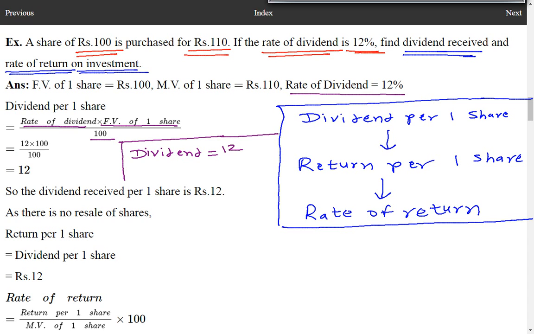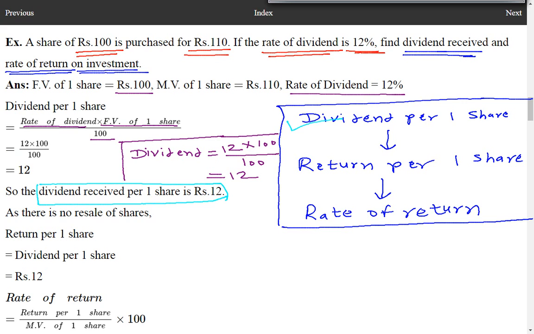Face value of one share is rupees 100, and we divide it by 100, so that comes as 12. Thus dividend received per one share is rupees 12. This completes our first step.